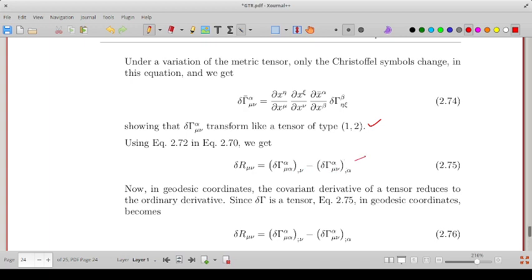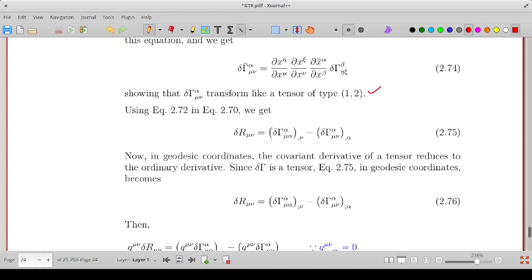Remember, we have written this expression in geodesic coordinates, and in geodesic coordinates the Christoffel symbols are 0, and because of that the covariant derivatives reduce to the ordinary derivatives, and therefore we can replace this by delta gamma alpha mu alpha semicolon nu minus delta gamma alpha mu nu semicolon alpha.